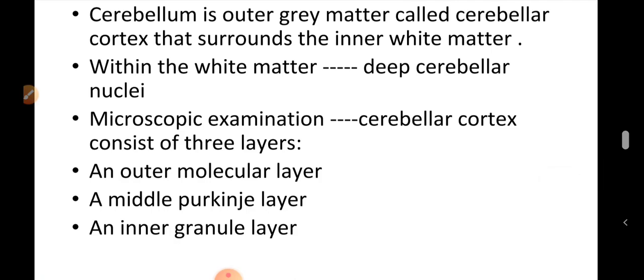On microscopic examination, the cerebellar cortex consists of three layers: an outer molecular layer, which is a very superficial layer, a middle Purkinje layer and the inner granule layer.